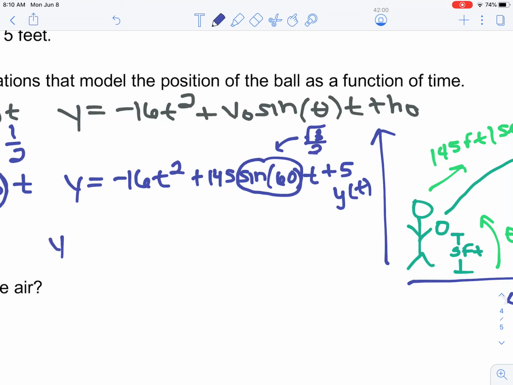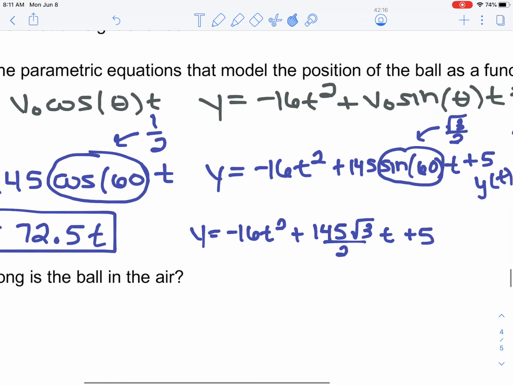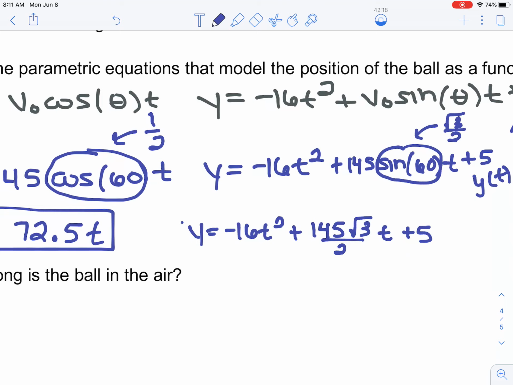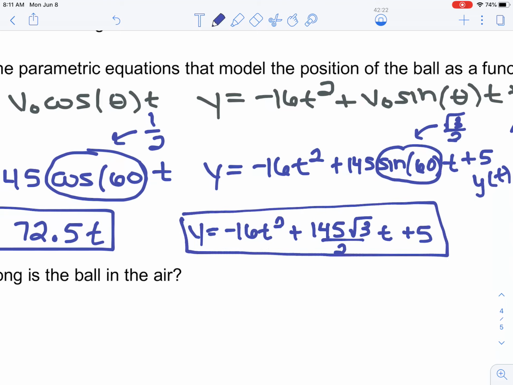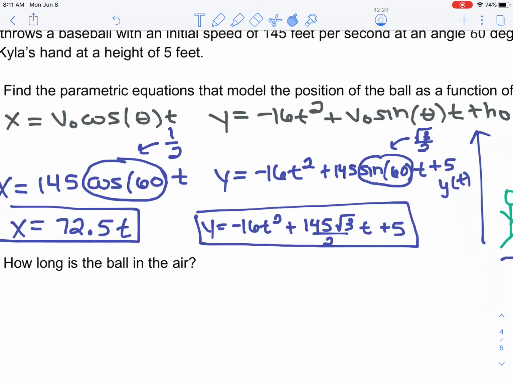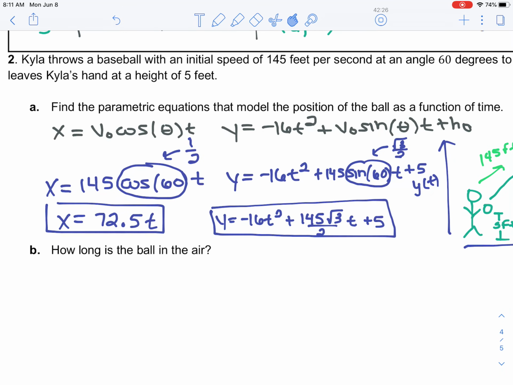So we can say that this parametric equation is y equals negative 16 t squared plus 145 root 3 over 2 t plus 5. Okay, so we've now come up with our parametric equation that's describing our vertical height of the baseball.